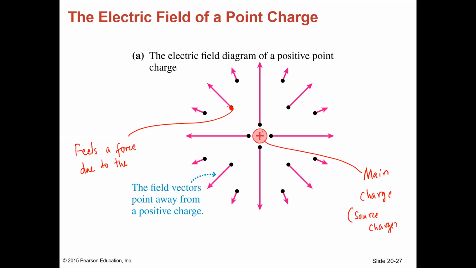And these small, tiny black dots we call test charges, because we want to know how much this positive charge can affect these charges at different locations. We want to test its strength. That's why we call it a test charge. And usually test charges are small positive charges.